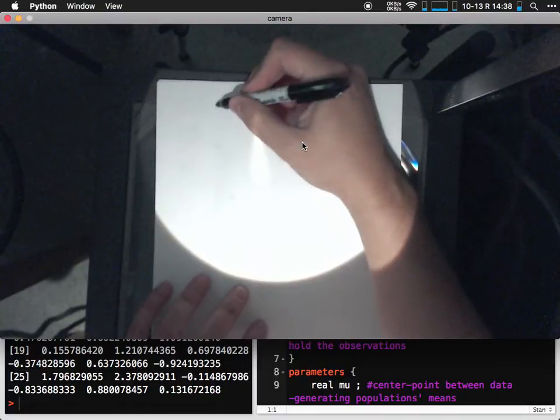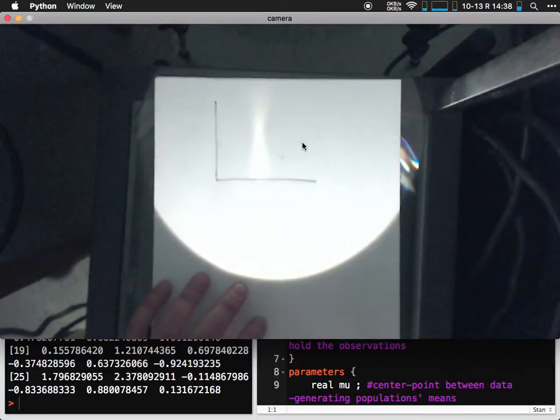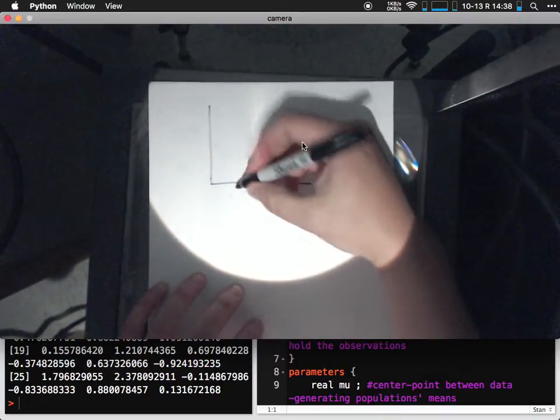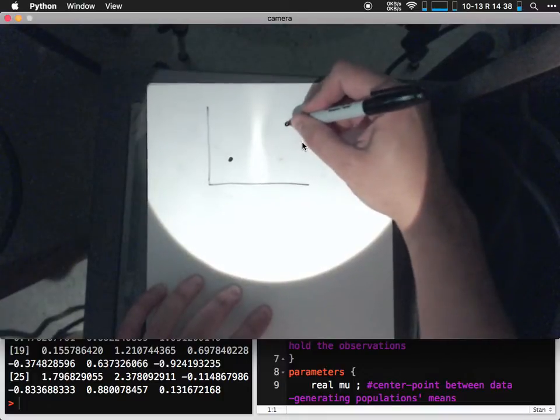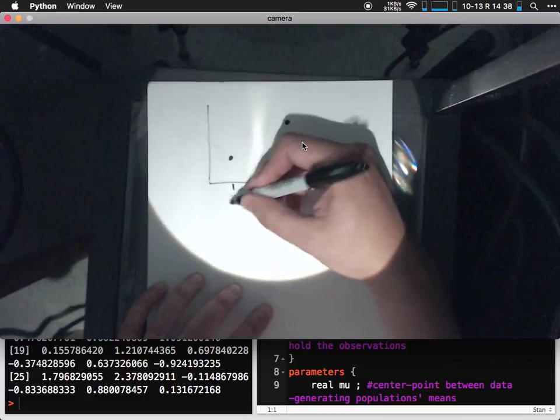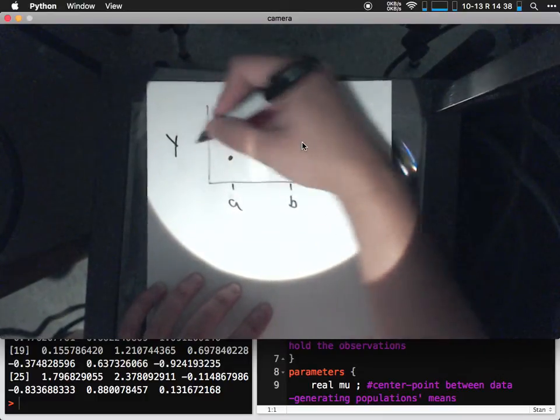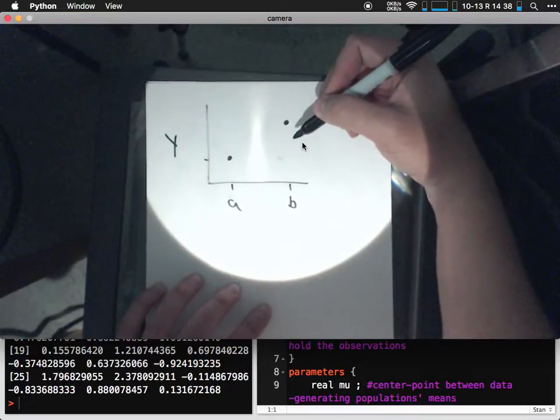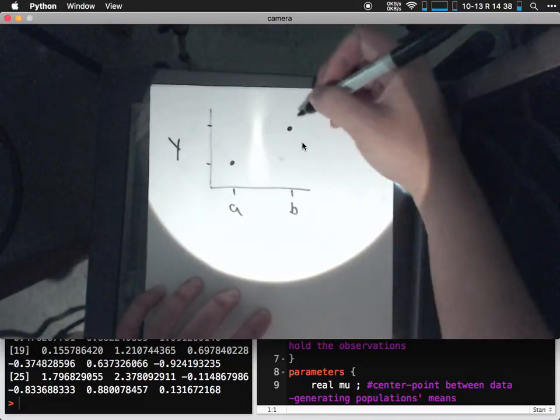Let's imagine a scenario where instead of a bunch of numbers from each of two groups, we've just got 2 values on a number line. So this is just something categorical, A and B. But this is our actual measurement. Here's a measurement for the thing labeled A, and here's a measurement for the thing labeled B.